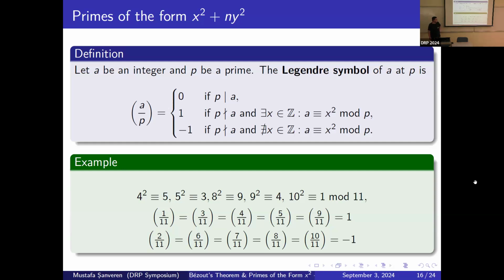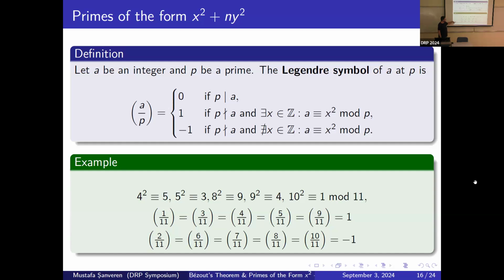If p does not divide a, and we have some integer x where a is equivalent to x squared mod p, then it's equal to 1. If p does not divide a, and we cannot find such an integer x which satisfies this equation, then it is equal to minus 1.